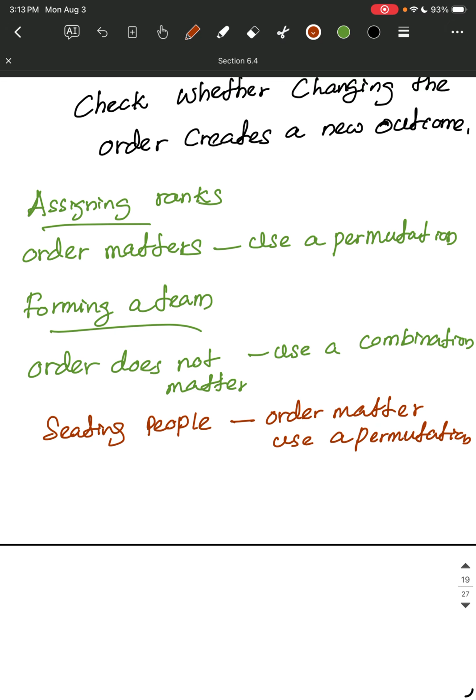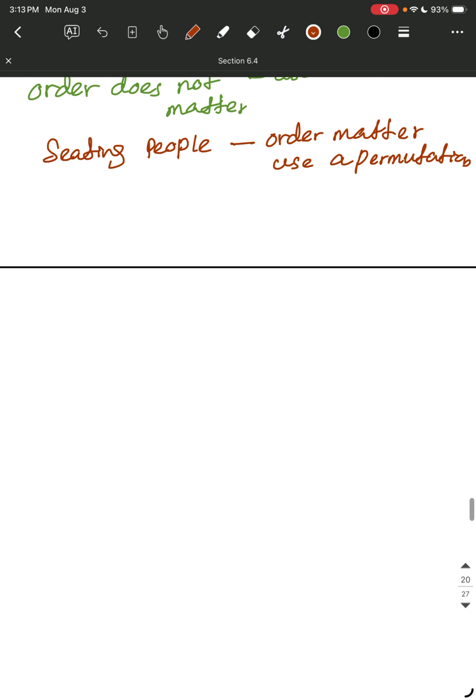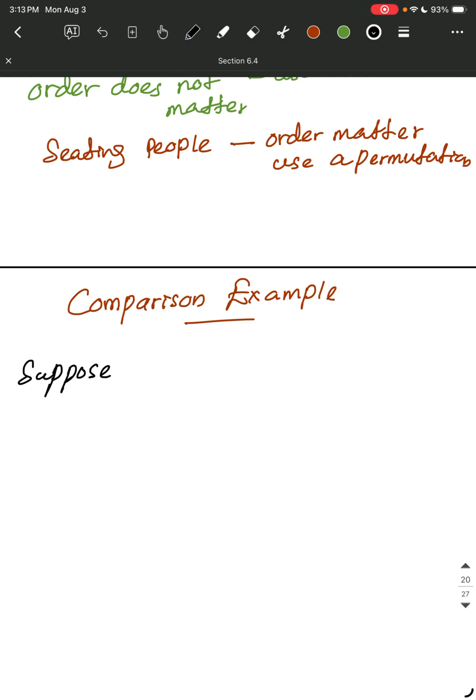Okay, let's see a comparison example. Suppose 3 students are selected from 10 students.